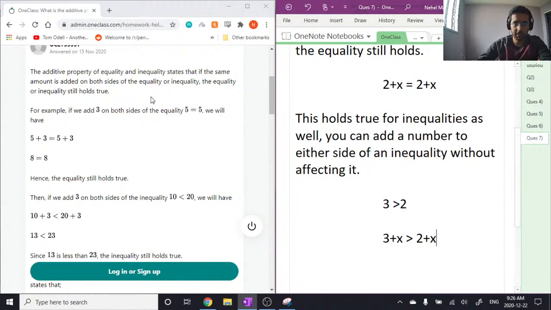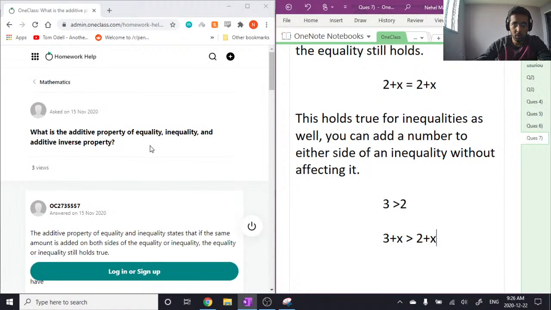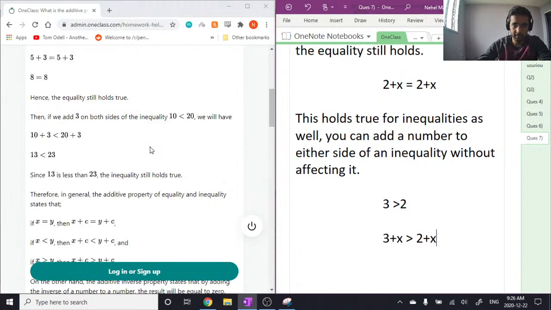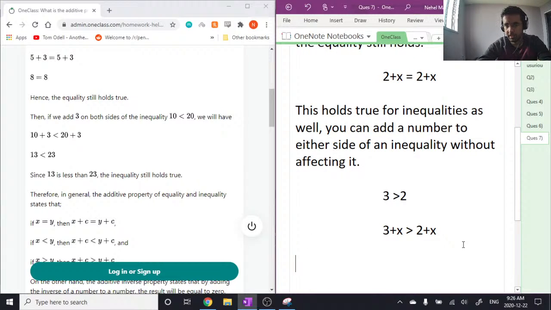And then the question also asks, what is the additive inverse property? The additive inverse property states that if I add the negative of a number to itself, the answer is 0.